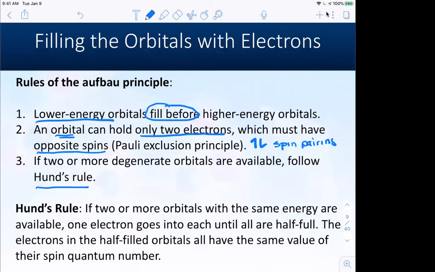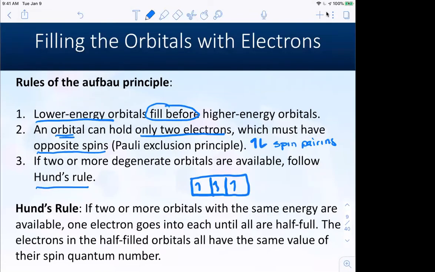So for example, if I have a p subshell and I have those 3 orbitals, I fill one with 1 spin up, I go to the second orbital, fill it with 1 spin up, then I have the third orbital and I fill that with a spin up. So all 3 of these electrons are in the same spin direction. They populate each individual p orbital until they are all half full, and then they start pairing.